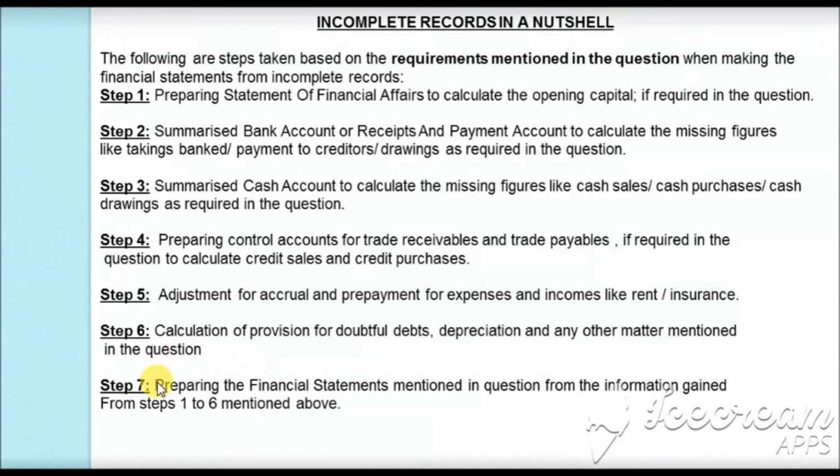And in the seventh step, which will be our last step, we prepare the financial statements, and this should again be what has been mentioned in the question. In this question, we were required to make just the income statement, so we made the income statement from the information which we have gained from the various steps above. So this is how we deal with the incomplete record question whenever we come across such questions in our exams or when we are practicing the questions.